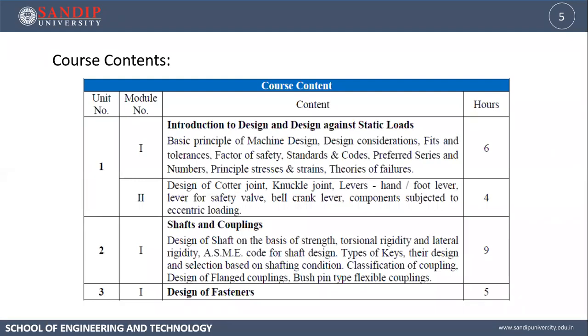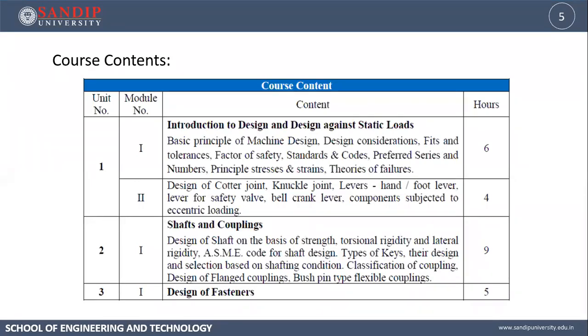One is the basic considerations, whatever parameters you will require to design the component, which will be dealt with in detail. Then, considering this theory or knowledge, you will start designing small components such as the cotter joint and knuckle joint. So a total of 10 to 12 lectures will be required for this particular unit.